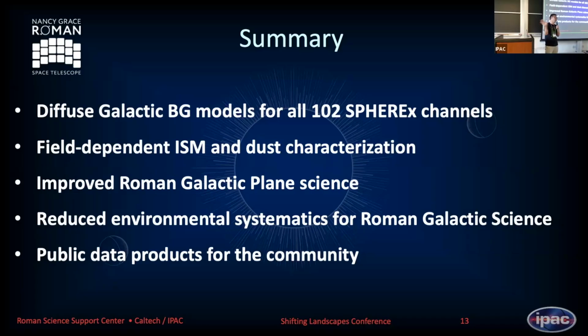Obviously, we will cover all the fields in the Roman Galactic plane survey, so maybe approximately plus or minus 10 in latitude, and maybe plus or minus 80 in longitude, to cover everything. We will also do some research on locations that the Roman Galactic plane survey does not cover yet, something like Orion, the star-forming regions, or some other isolated locations.